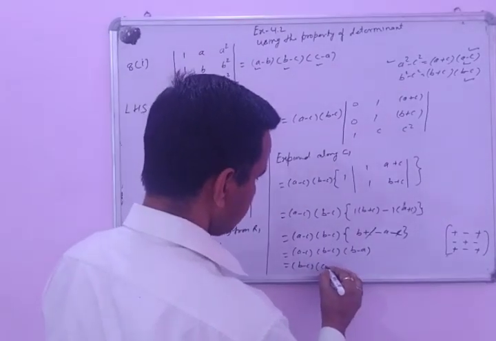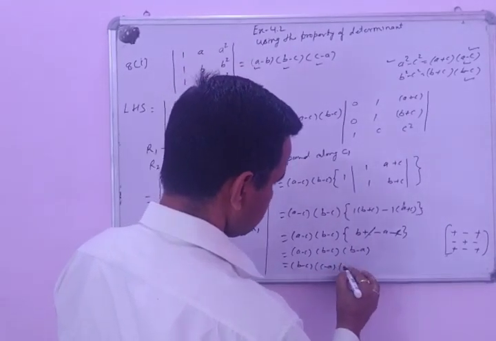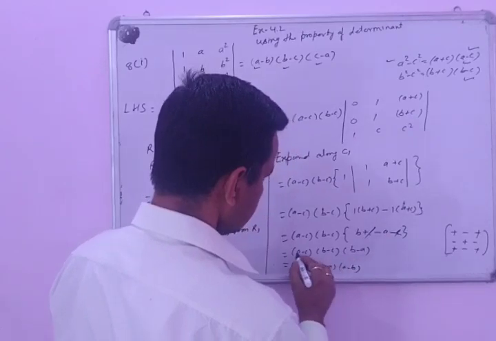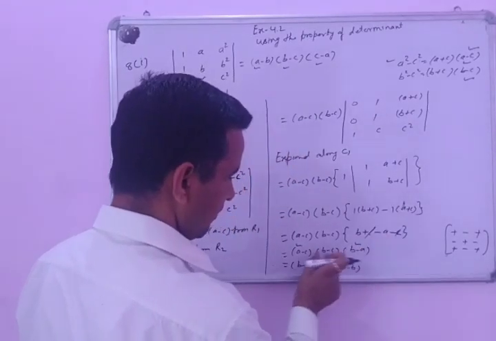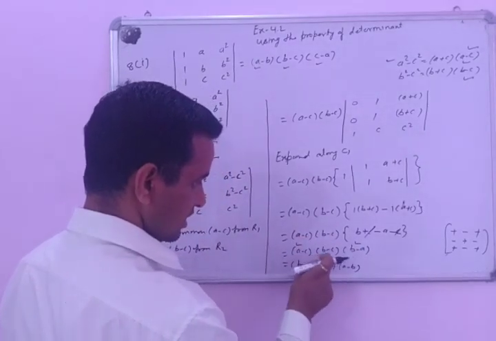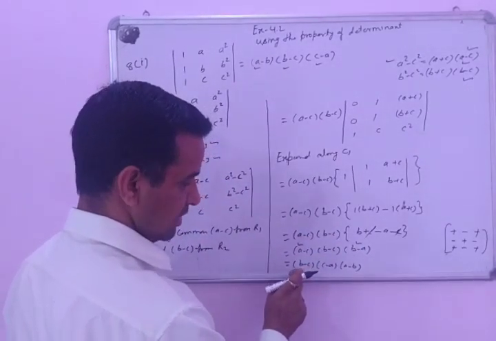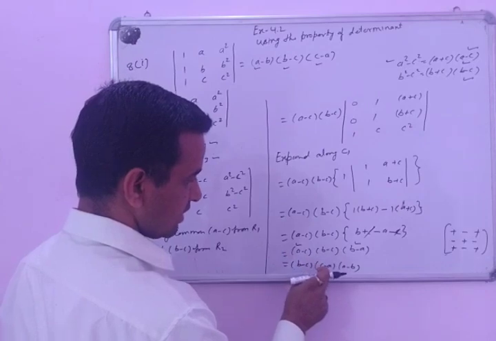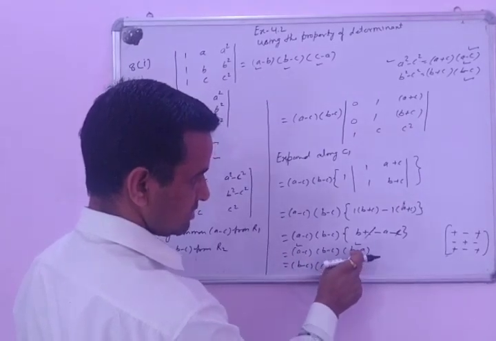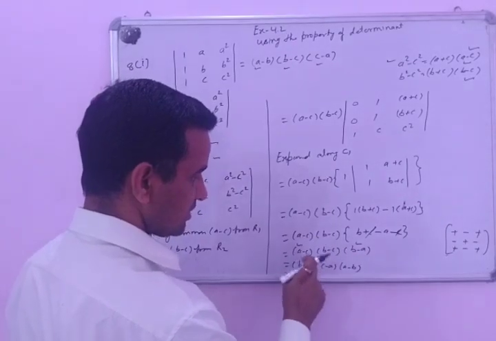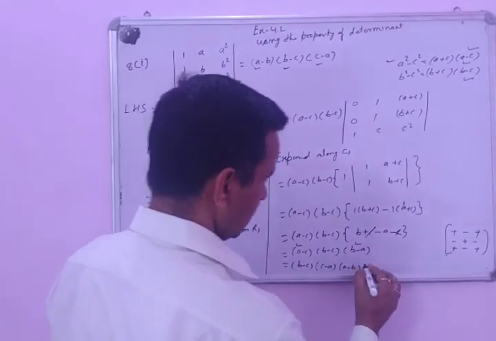This will become c minus a, and here a minus b. Since in this step and this step minus is taken common, minus minus is plus, so there is no change. C minus a is converted here, and b minus a means a minus b. This minus and this minus multiplying convert to positive, and this is your RHS.